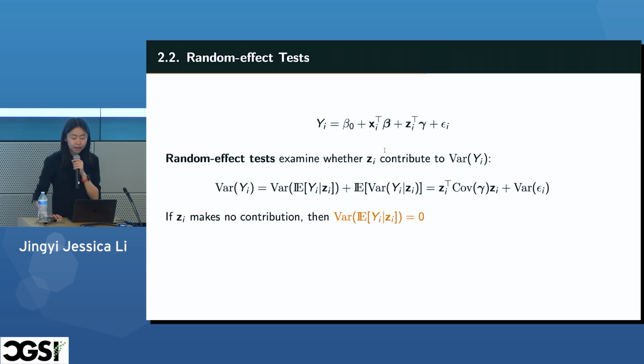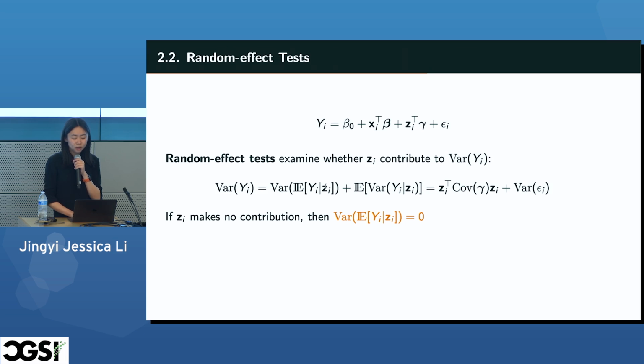For random effect tests, your focus is on the contribution of zi. But as we said, gamma is assumed to be random. So in this formulation, what is random? Yi is random, gamma is random, epsilon i is random. So the contribution of this term can be considered by this variance decomposition of yi. We use the rule called the tower rule to write the variance of yi into two terms.